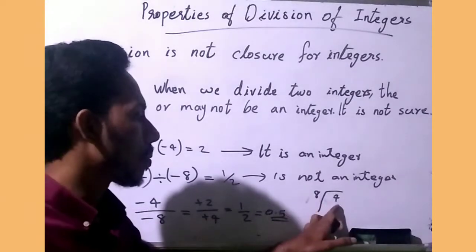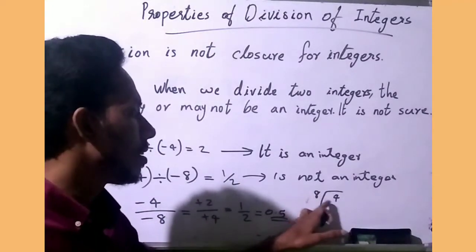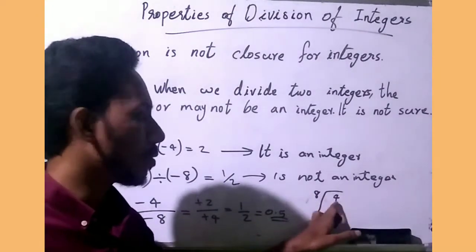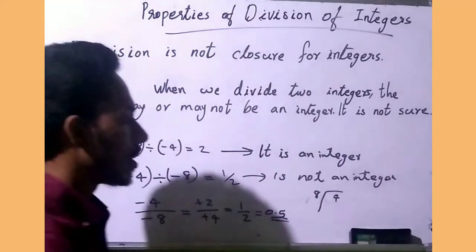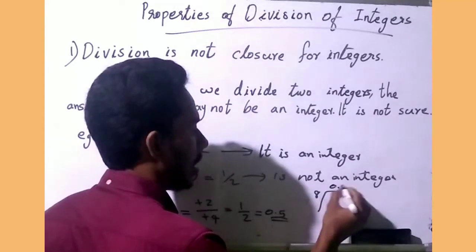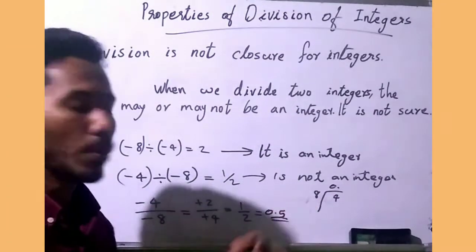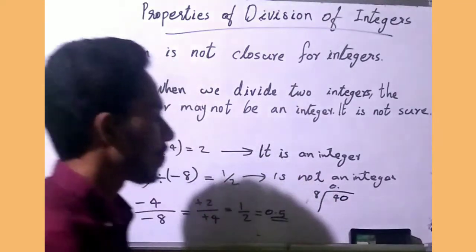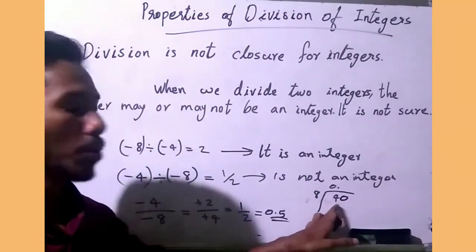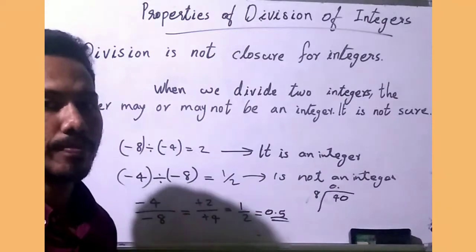How many 8s are there in 4? No. So we add a 0, put a point, and then a 0 here. Then 40. How many 8s are there in 40?